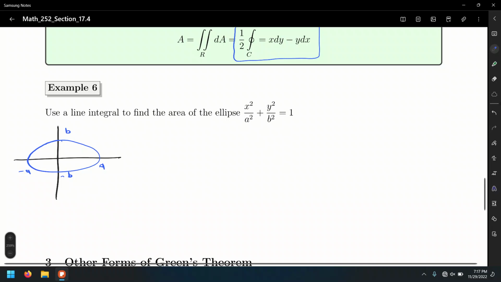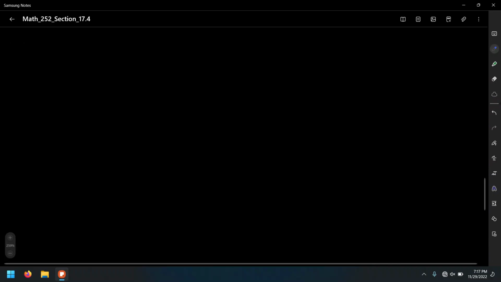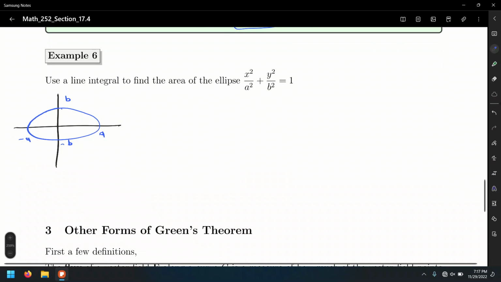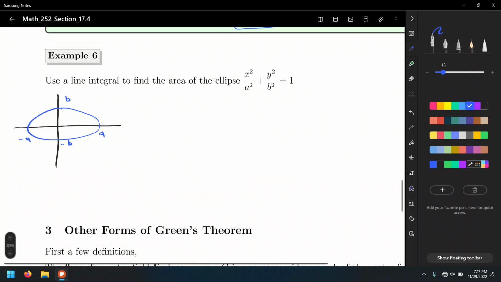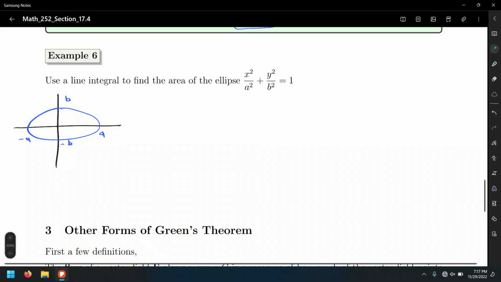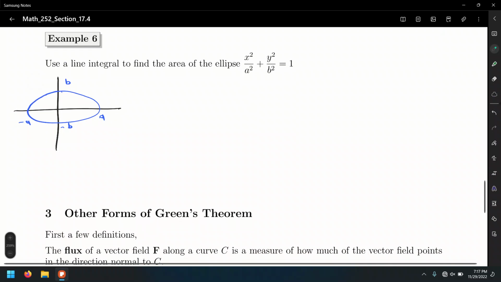So we need to parameterize this in order to evaluate this integral. And that's going to take us back to Calc 2 when we parameterized ellipses. It's very similar to parameterizing a circle, x and y.